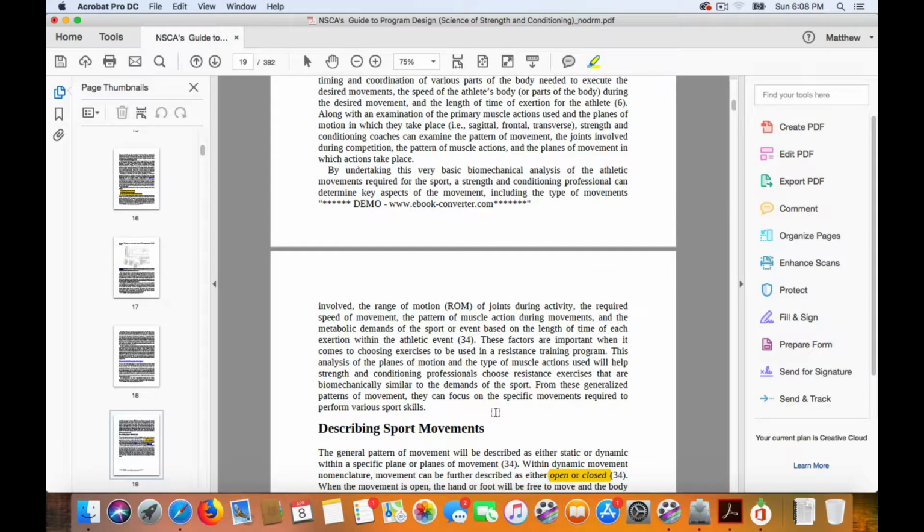So you want to try to identify the different ranges of motion of the joints and the length of time of each body part or the overall body for the athletic event. And you also want to understand that each position is going to be a little bit different. So, a goalie is probably more along the lines of a sprint athlete and comes across side to side, uses a bit more of the arms.